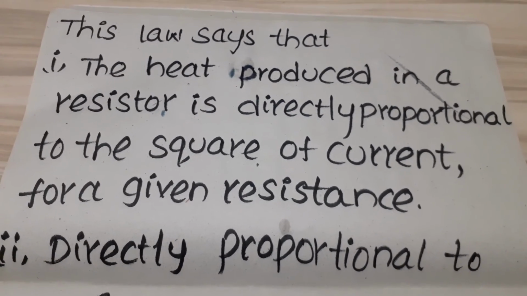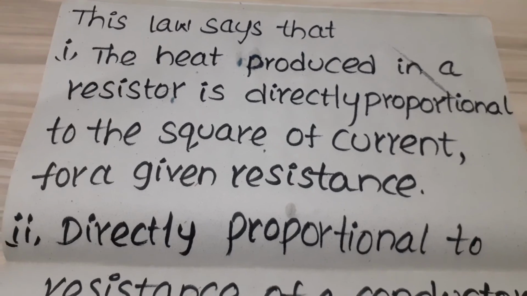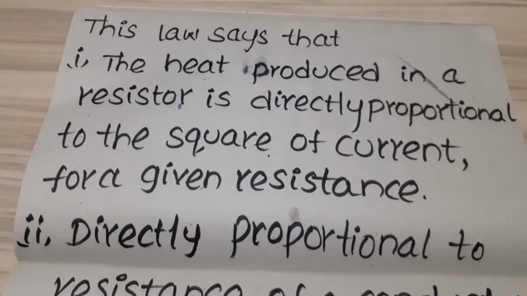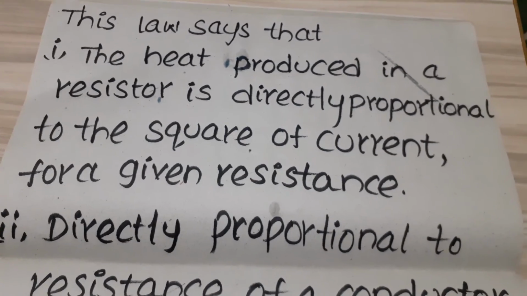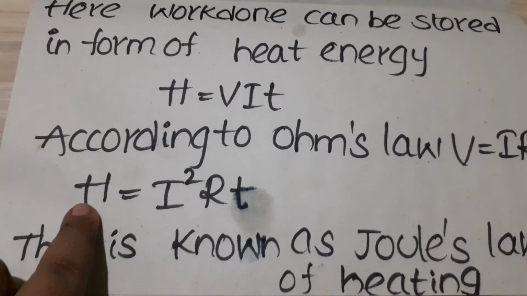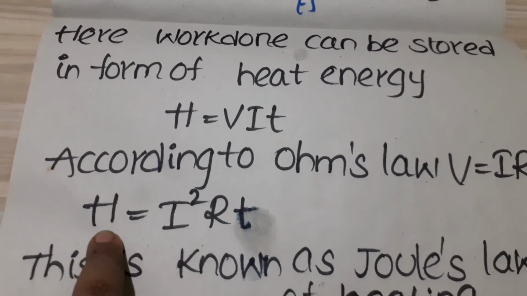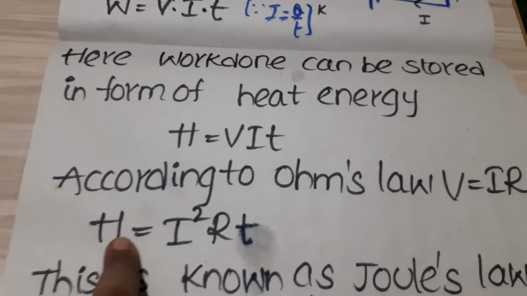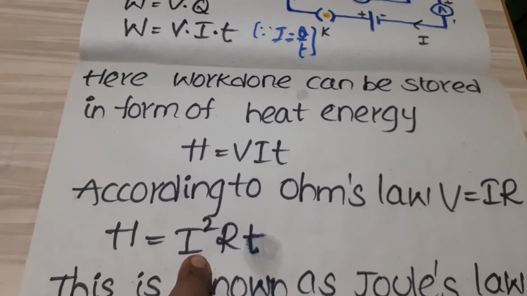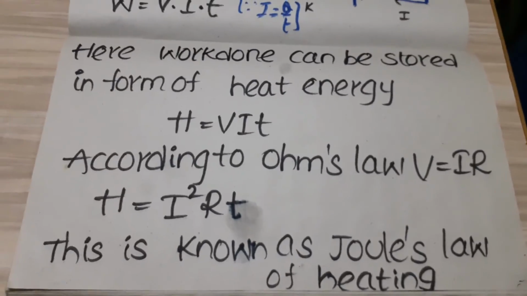This law says the following points. The heat produced in a resistor is directly proportional to the square of the current flowing in the resistor. H equal to I square RT.